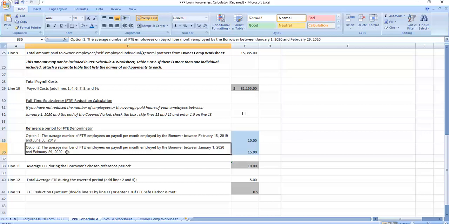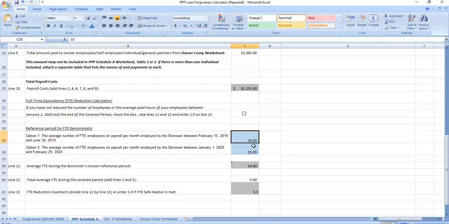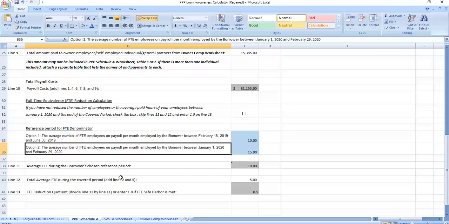Option 2 is the average number of full-time employees on the payroll per month employed by the borrower between January 1st, 2020 and February 29, 2020. So average full-time employee during the borrower's chosen reference period will be the smaller of these two, option 1 or 2. Now let's see how all this plays into our main application form.